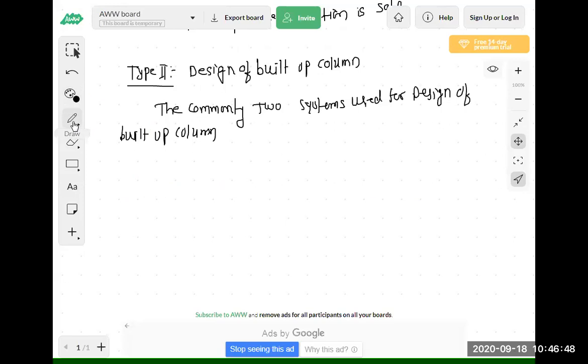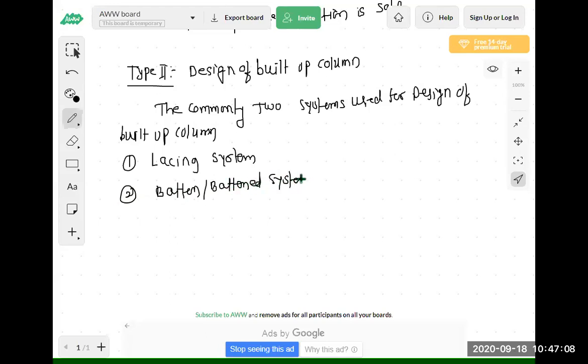So what are these two systems? So number one is the lacing system, and number two is the batten system. Batten, or we are calling it battened. So either we can design the built-up column by using lacing system or batten system.